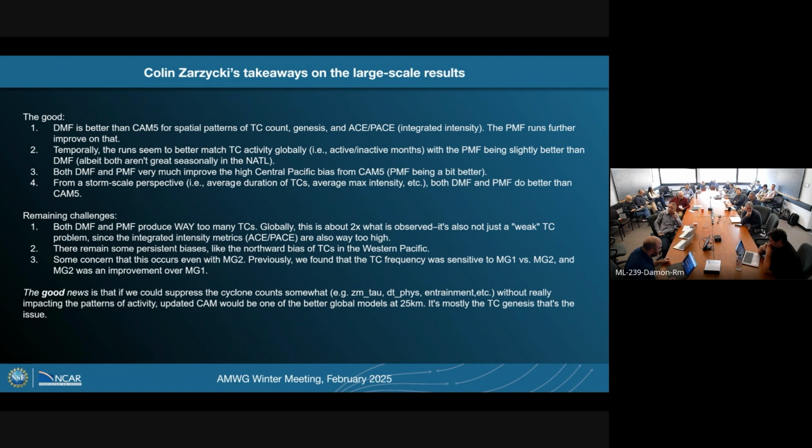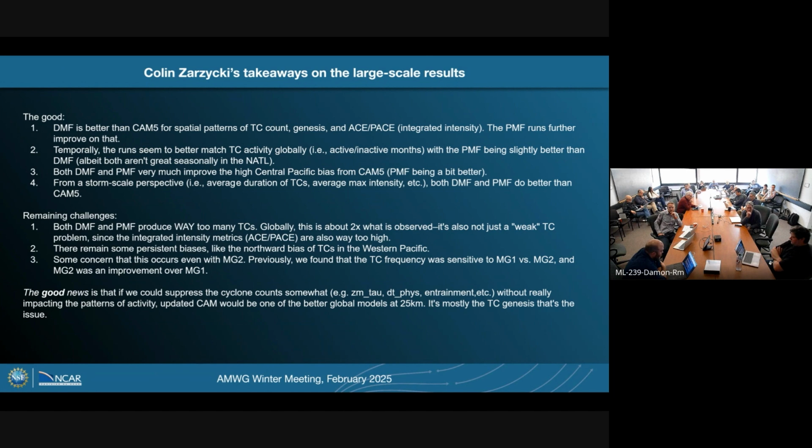The high Central Pacific bias looks like it's improved from CAM5, with again prognostic momentum flux being a little better than diagnostic. And then things like the average duration of tropical cyclones, the maximum intensity, the newer code is doing better than CAM5. So those are pretty positive results, because as I understand it, CAM5 was relatively skillful with respect to TCs.